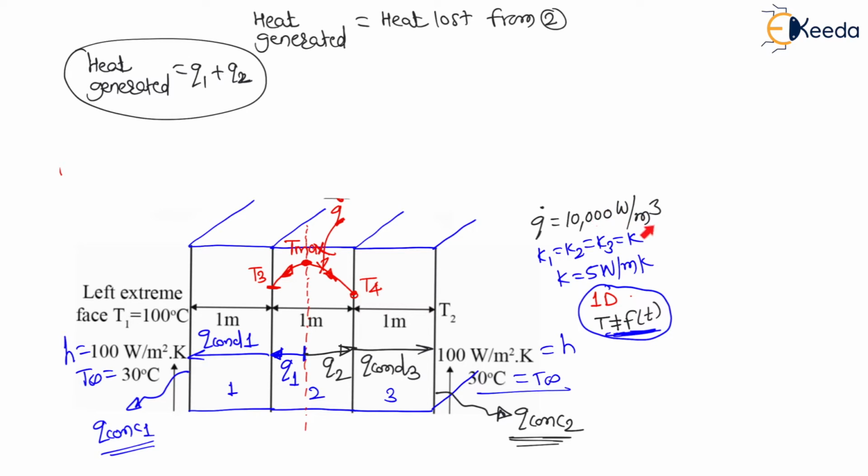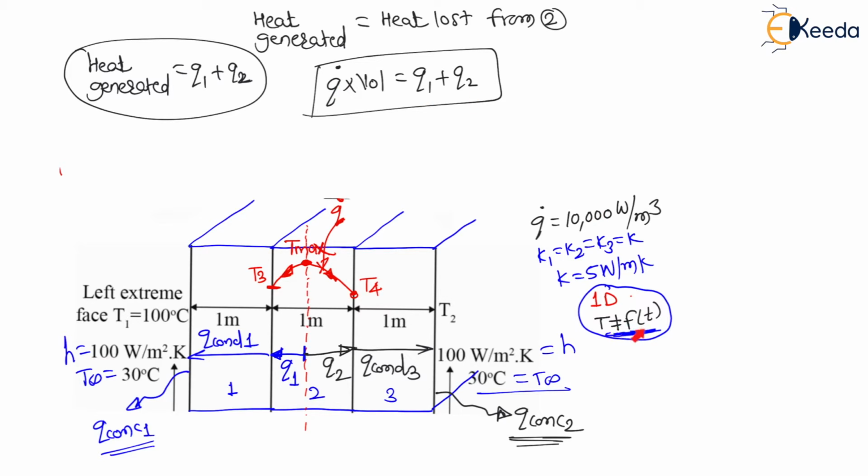That means it is the heat generated per unit volume. If I multiply this uniform heat generation rate with volume, then I will get the total heat generated. Therefore, heat generated is Q dot into volume, equal to Q1 plus Q2. This will be our relation. Now volume is simple to calculate: area into length or thickness. Again, Q dot is given, and Q1 and Q2 we have to find.